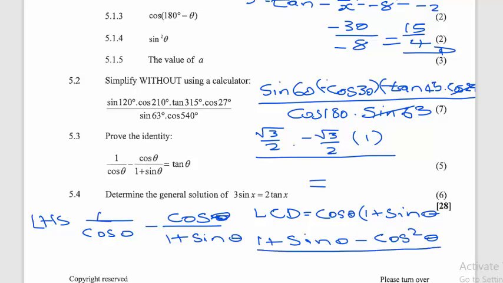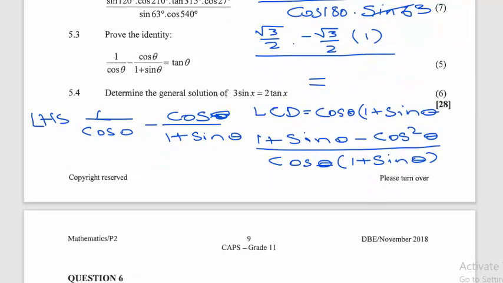All this will be over this. We don't drop the LCD in this case. You keep the LCD, which is cos theta bracket 1 plus sine theta.